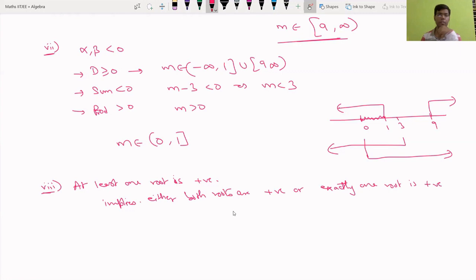So when I say at least one root has to be positive, that means either both the roots are positive or exactly one root is positive.